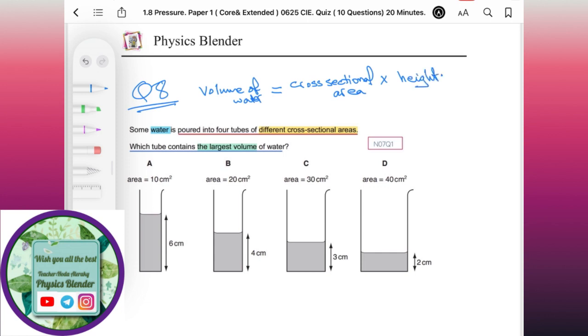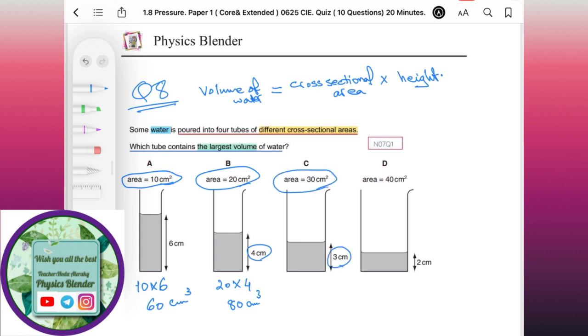If you calculate the first case, you have cross-sectional area 10 times 6, which is 60 cubic centimeters, 20 times 4, which is 80 cubic centimeters, 30 times 3, 90 cubic centimeters, 40 times 2, 80 cubic centimeters.